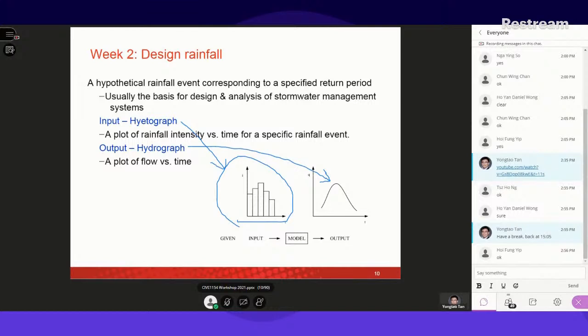The hyetograph shows how the rainfall intensity changes with time.